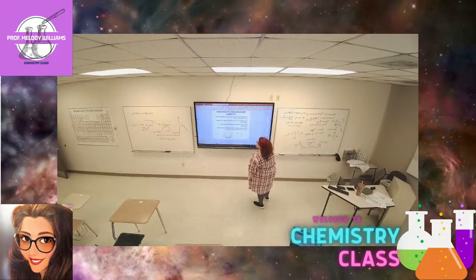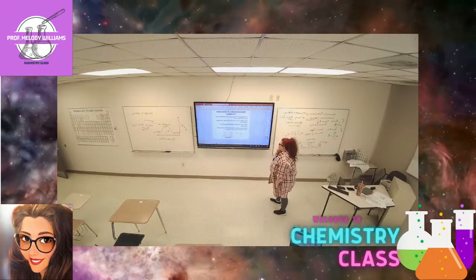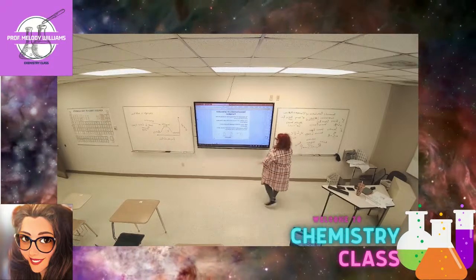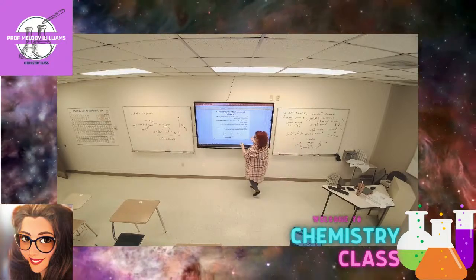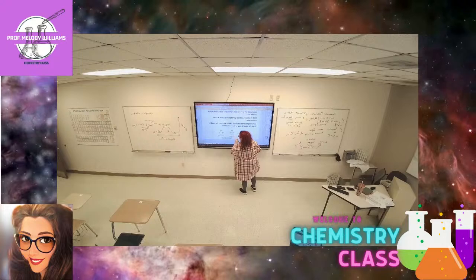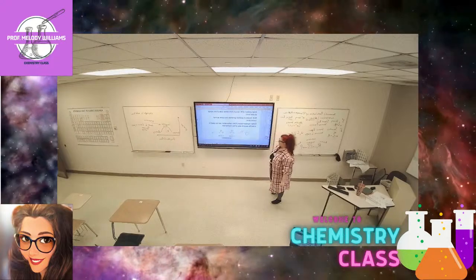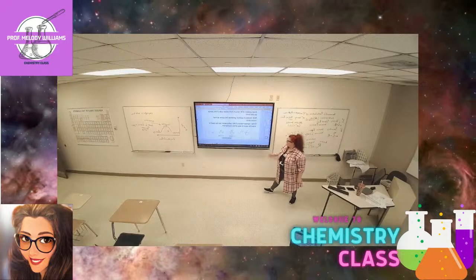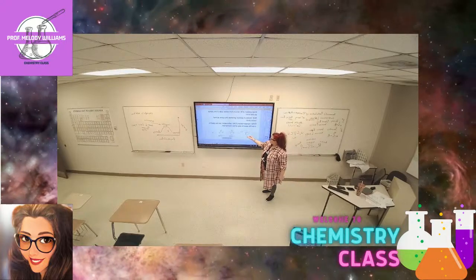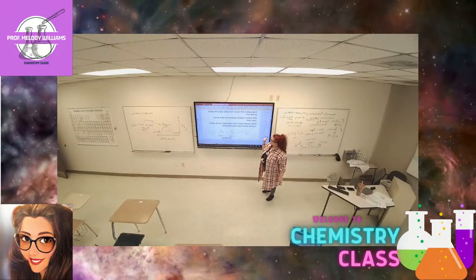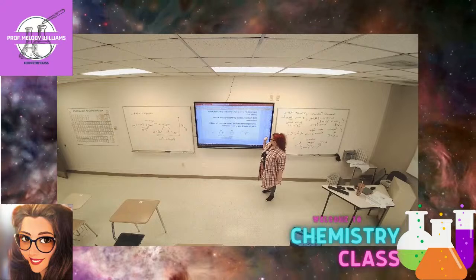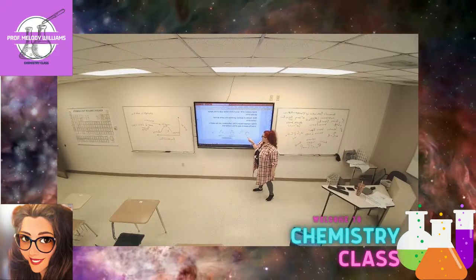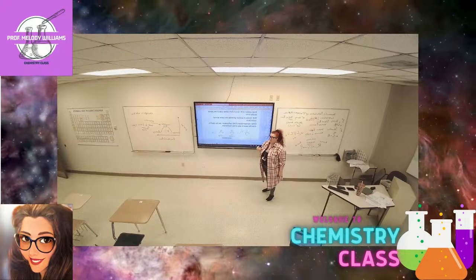All right. So, first things first, let's talk about what's going on here. How would you explain what's going on in this reaction? With your starting material, so what do we say the arrows represent?